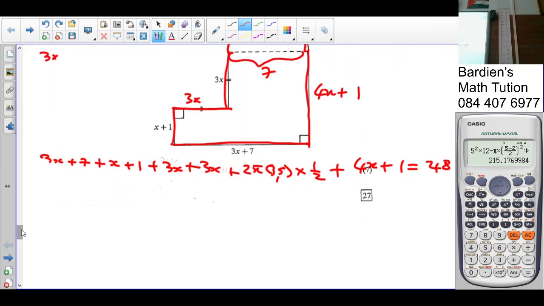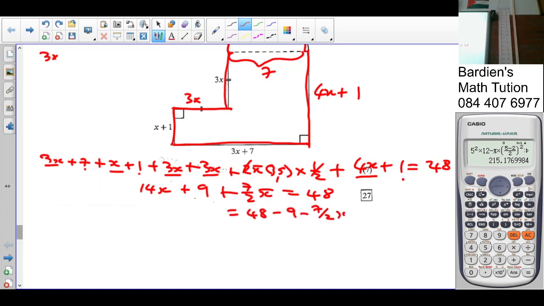So let's work this out. There's 3x, 4x, 4x, 10x, 14x. Okay? So I get 7, 8, 9. It's plus 9. The halves cancel. So it's 7 over 2 pi. It's equal to 48. The idea is to solve for x. So I'm going to say 48 minus 9 minus 7 over 2 pi is equal to 14x.